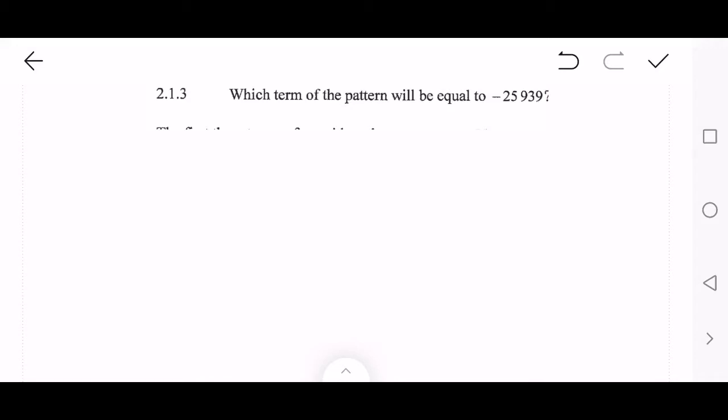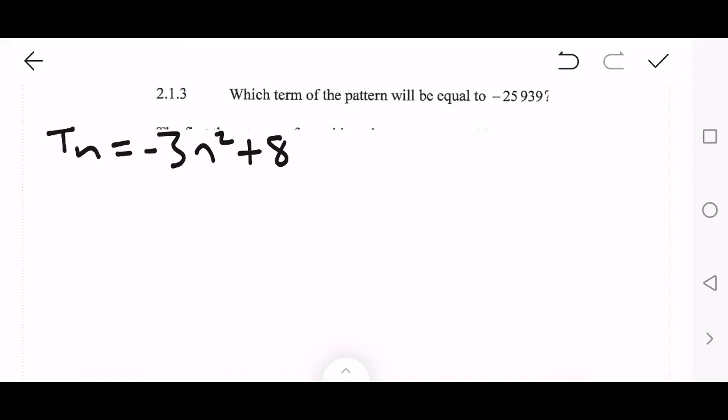This question asks which term of the pattern will be equal to minus 25,939. So now we have the general formula, and that is Tn equals minus 3n squared plus 8. So now all we need to do is to equate this formula to the value of the term that we're looking for.